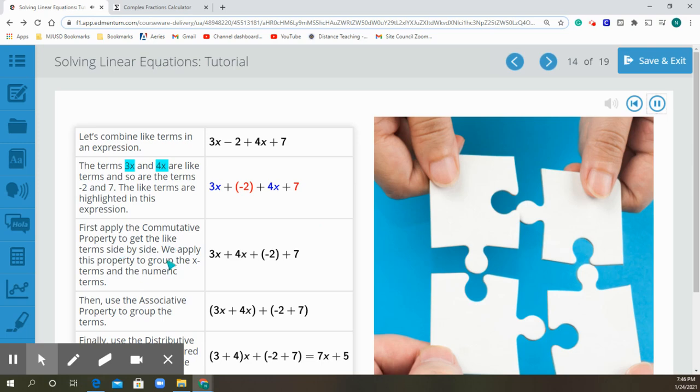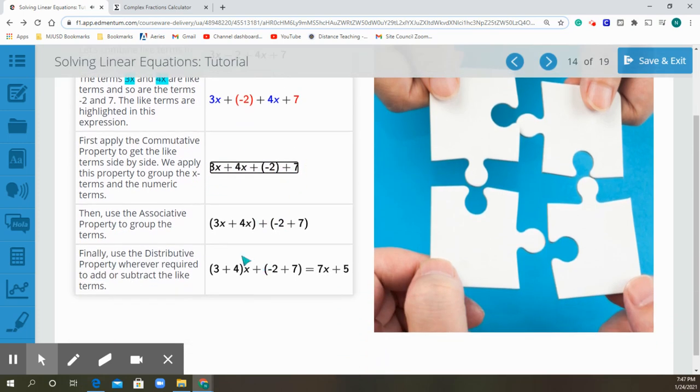3x plus negative 2 plus 4x plus 7. First, apply the commutative property to get the like terms side by side. We apply this property to group the x terms and the numeric terms. 3x plus 4x plus negative 2 plus 7. Then use the associative property to group the terms.